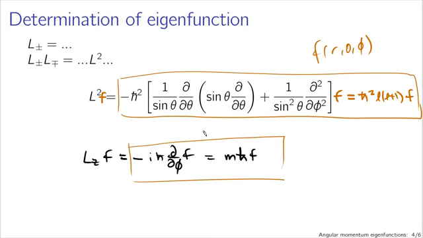And if you look at these equations, they should be familiar. These are the angular equations that we had earlier. These essentially gave us the Y_L^M of theta and phi as their solution. So what we've shown here is that the eigenfunctions associated with the L squared and L sub z operators are exactly the spherical harmonics.